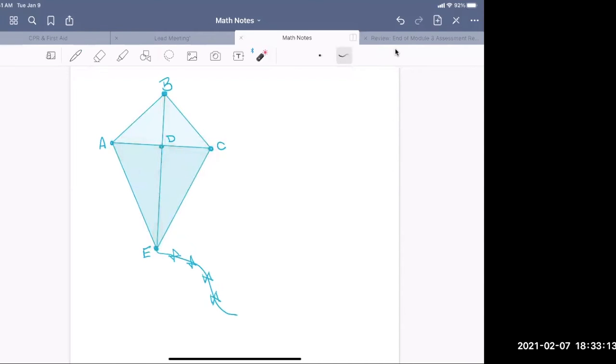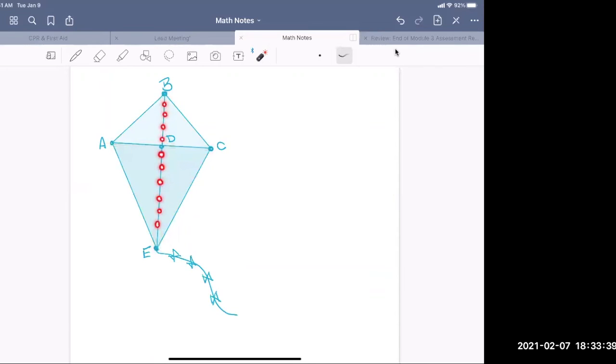What about BE? Is BE a line segment? Or AC? How about AC? The answer to that question is yes. Even if a line goes through multiple points, because we know we can have numerous points on this line.